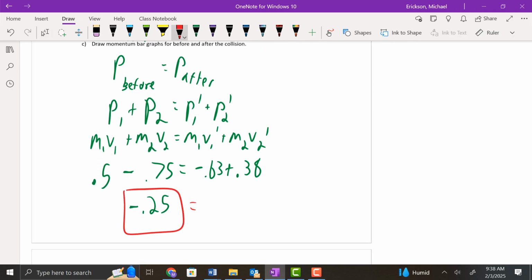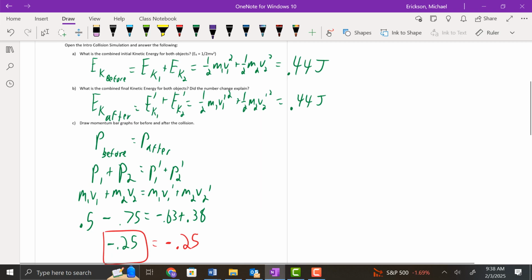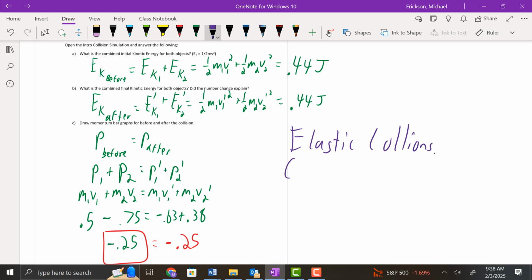And this should be the same amount. If you plug this all in, you should also get negative 0.25. And look at that, the momentum before is equal to the momentum after. So what I've concluded here is that in elastic collisions we have what we call conservation of energy: energy before is equal to energy after.